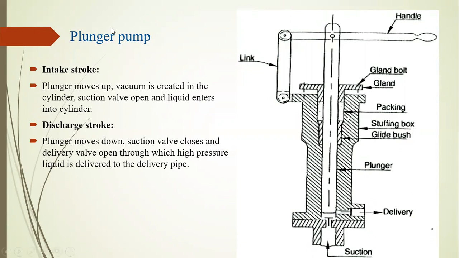Let's see the working of the plunger pump. The plunger moves upward and a vacuum is created in this cylinder. The plunger moves in an upward direction. What is the plunger area? Let's mark it in a different color. This is the plunger area.